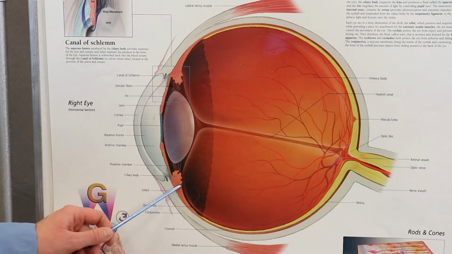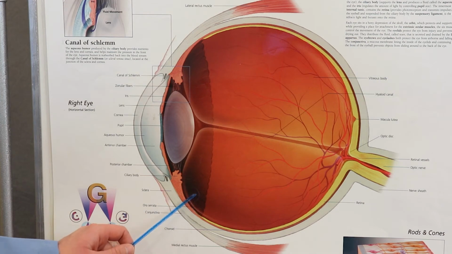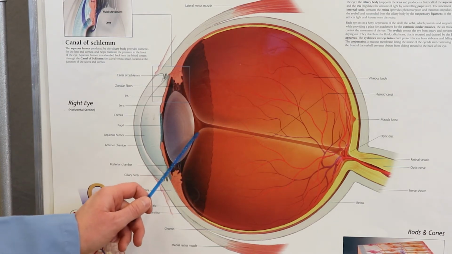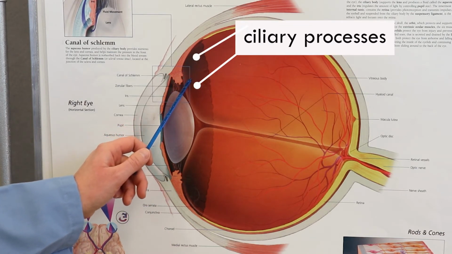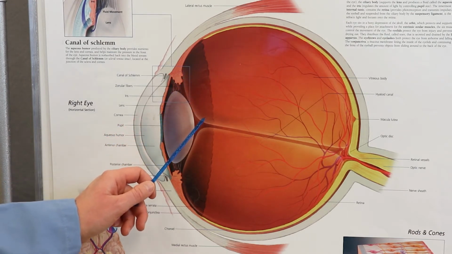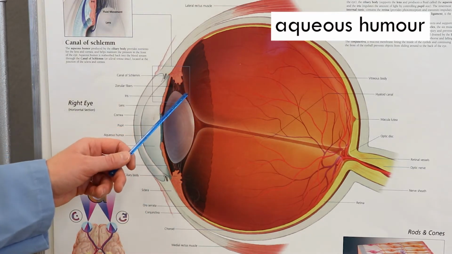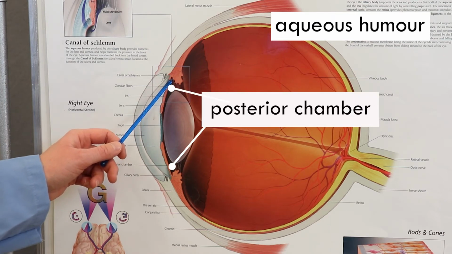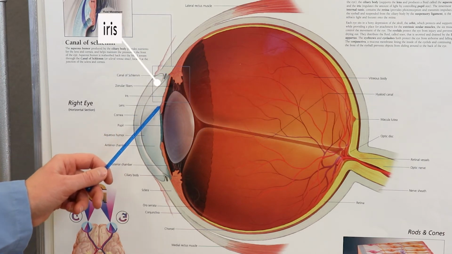So we've talked about the ciliary muscles and the ciliary zonules, and then we've got these structures, the lines here coming up towards the lens. These are the ciliary processes. The ciliary processes are going to produce aqueous humor, a type of fluid. That aqueous humor will go into the posterior chamber right here in between the lens and this part here, which is the iris.